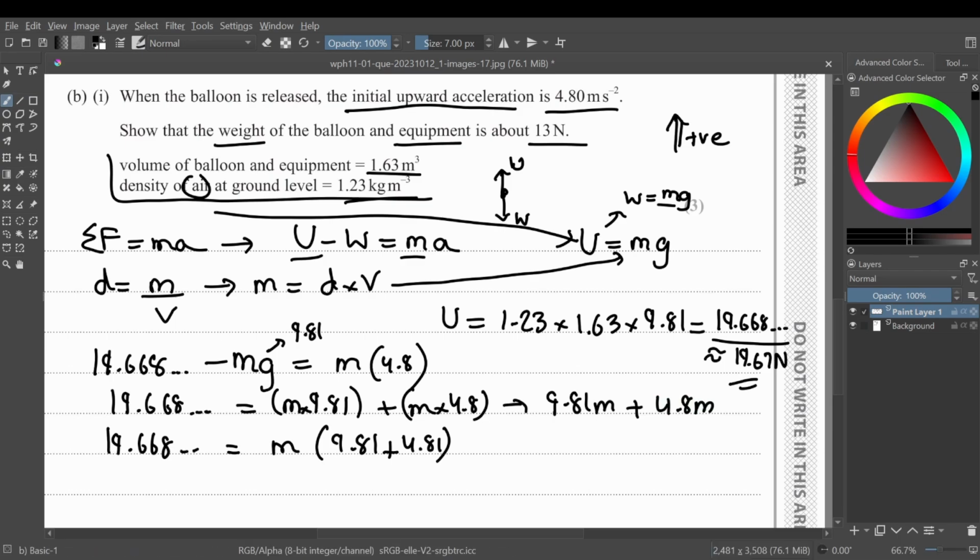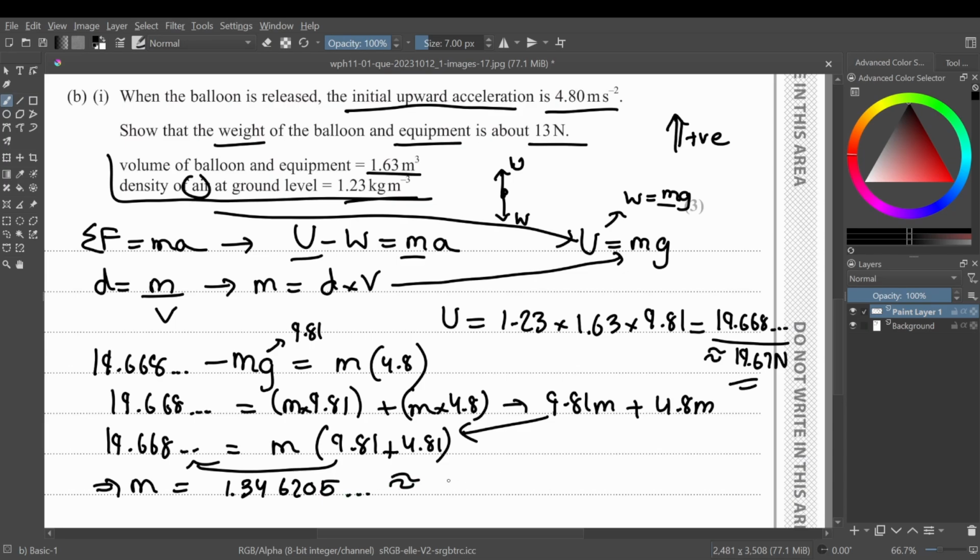So you can take m as common and it will result in this. Okay, so now if you divide 19.668 by 9.81 plus 4.8, your mass value will be 1.346205 and so on.